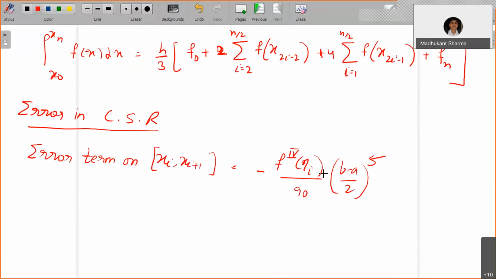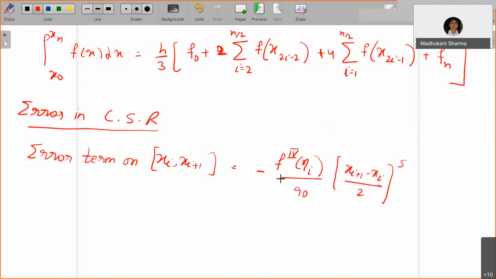So b minus a is x_{i+1} minus x_i, divided by 2 to the power 5.